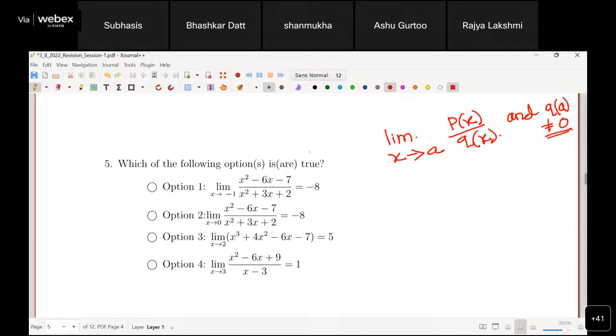In that case, this limit is nothing but p of a by q of a. Is it clear?